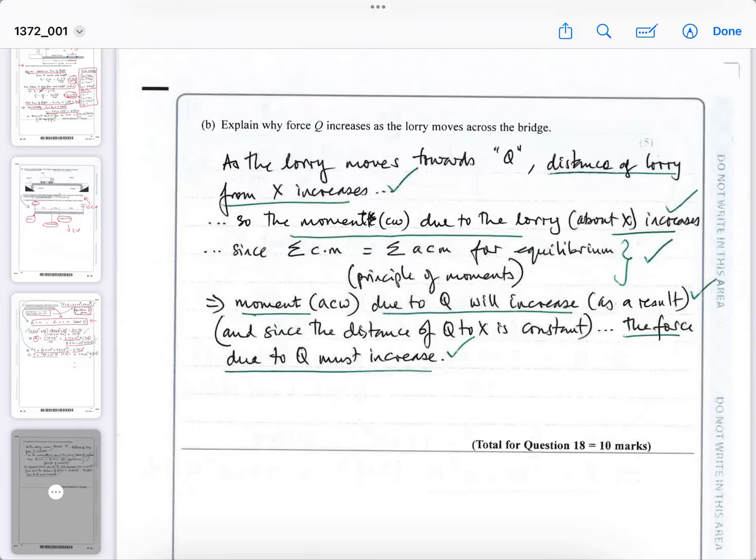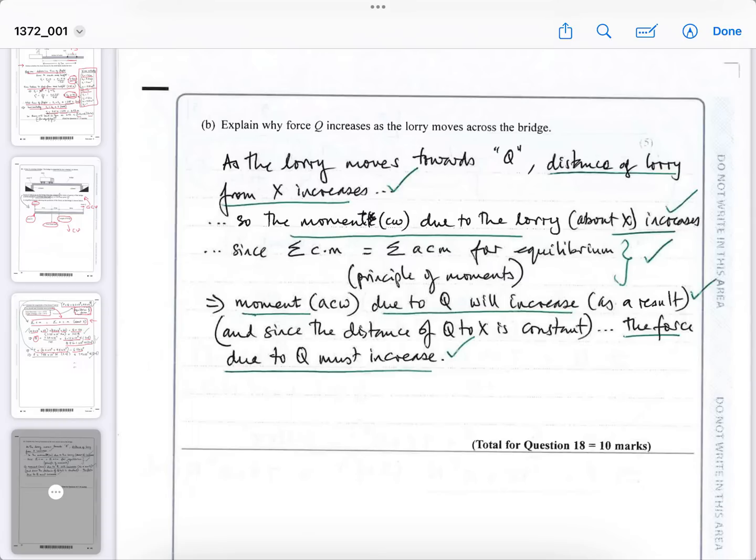Since the clockwise moments must be equal to the anti-clockwise moments for equilibrium to be maintained, due to the principle of moments, there's your third mark: the anti-clockwise moment due to Q will need to increase as a result.